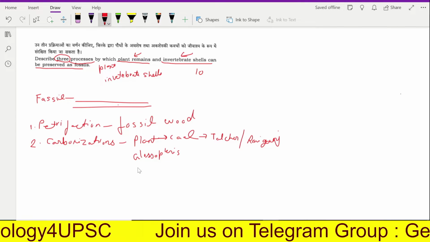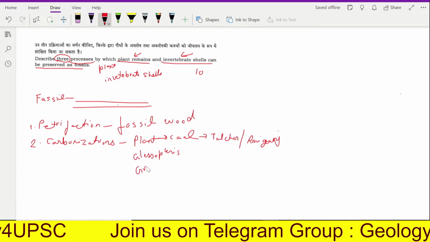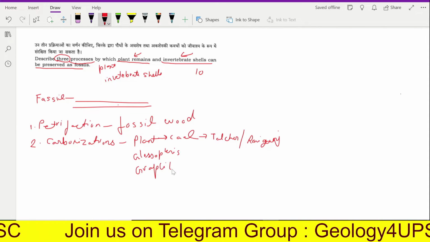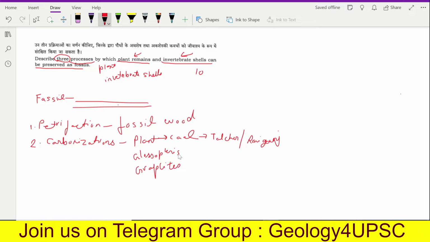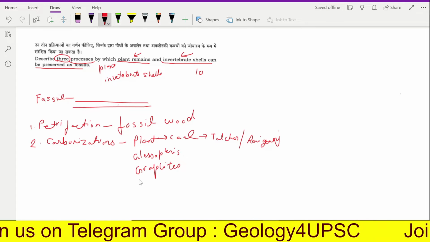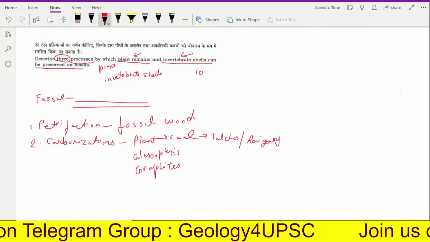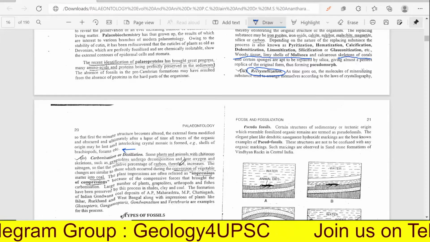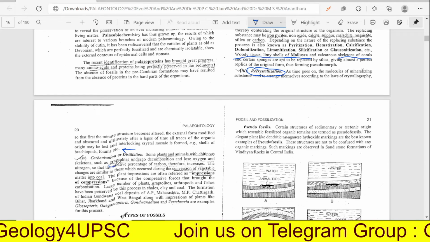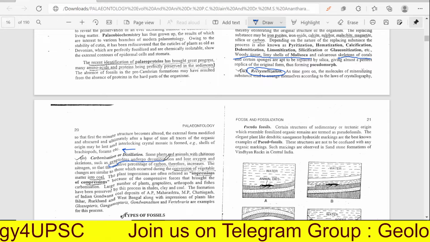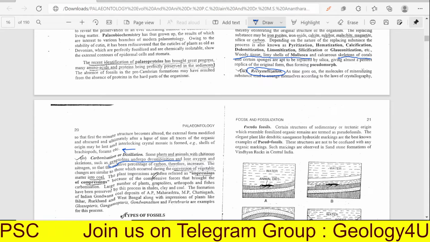Glossopteris. You have to also write about graptolites. These are very typical examples. You have to remember these, you cannot forget these. Forgetting these means losing marks. What happens is these graptolites undergo decomposition and they lose oxygen.